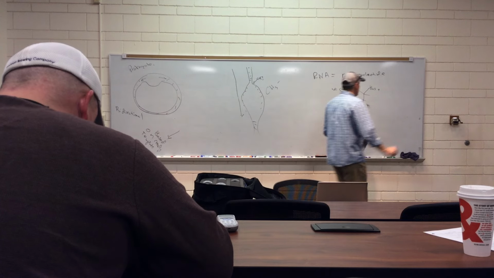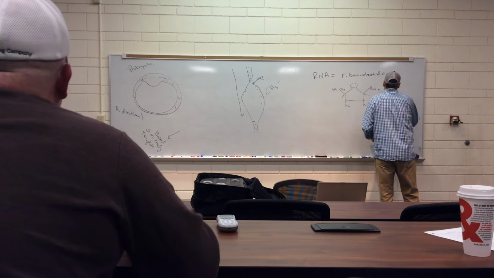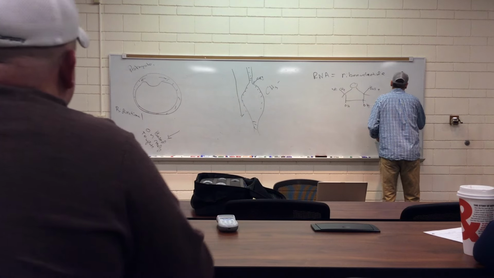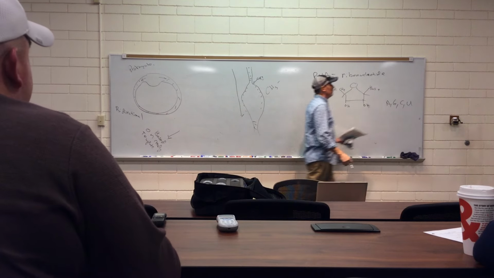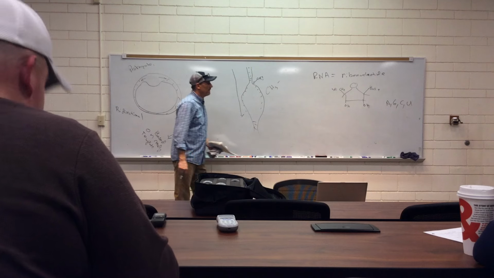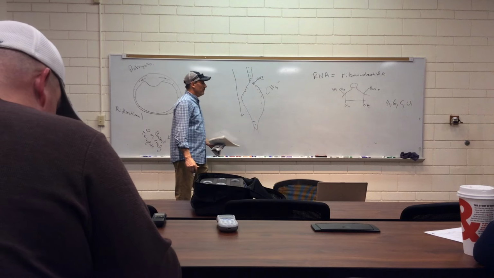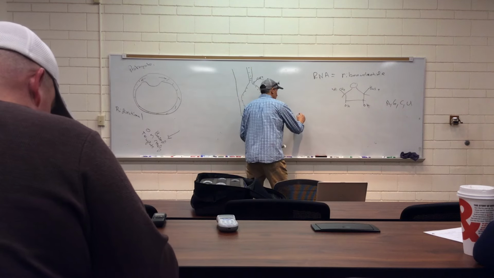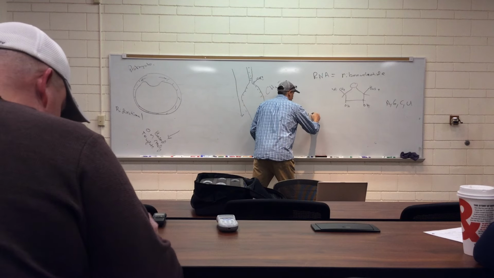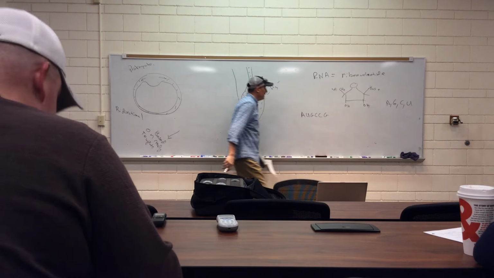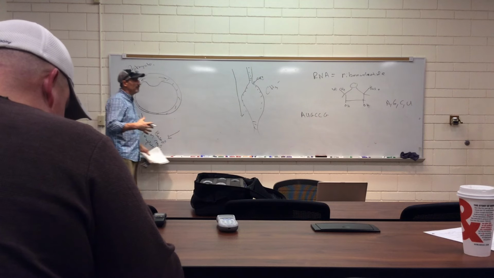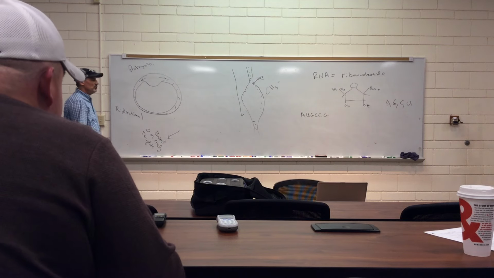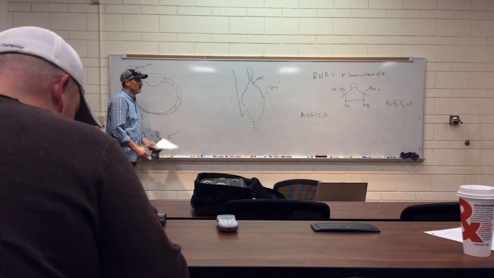Then for our bases, of course, we use A, G, C, and uracil replaces thymine. So if we take a look at an RNA molecule, it might be AUG, CCG, whatever. And we can see that that U is replacing the T's.